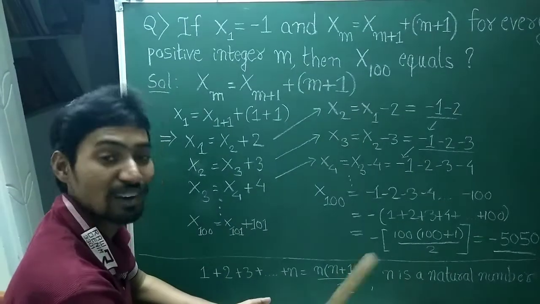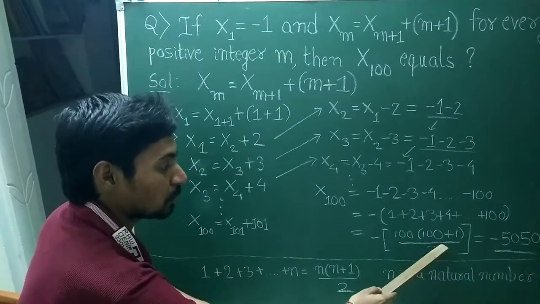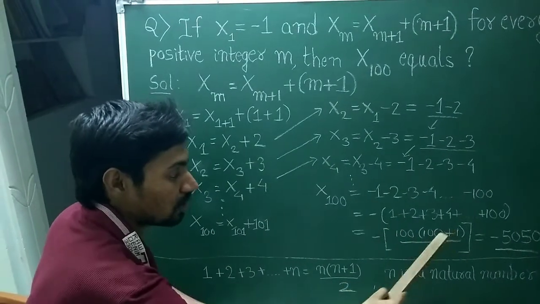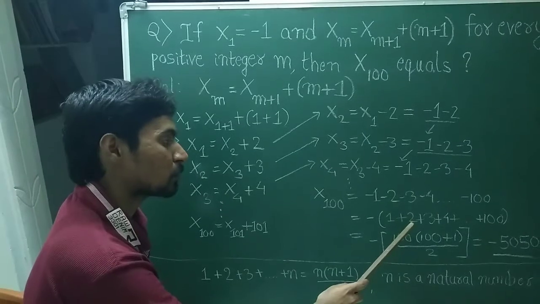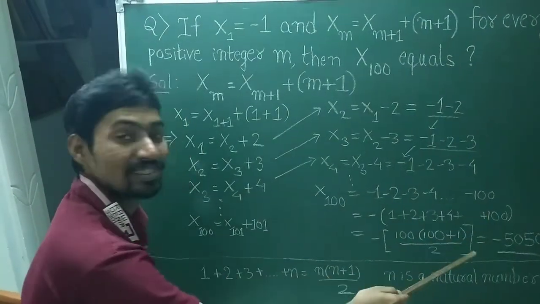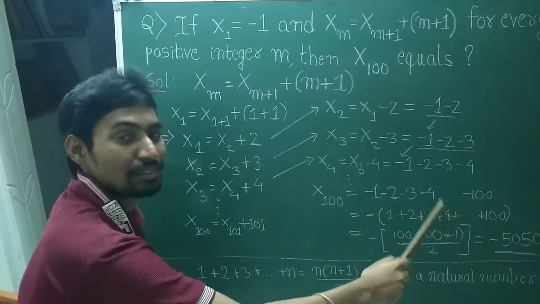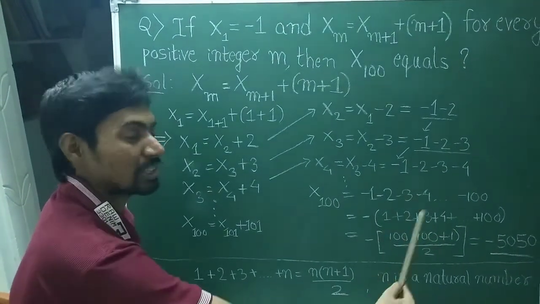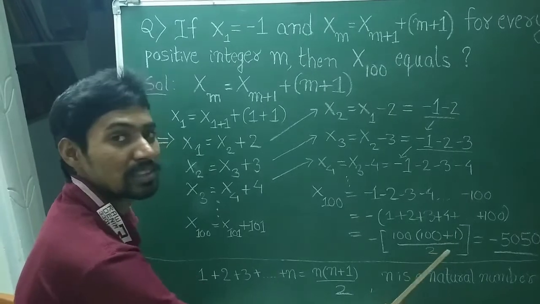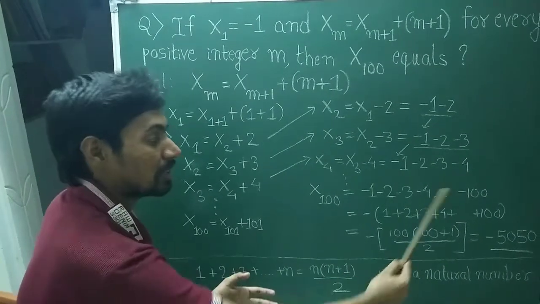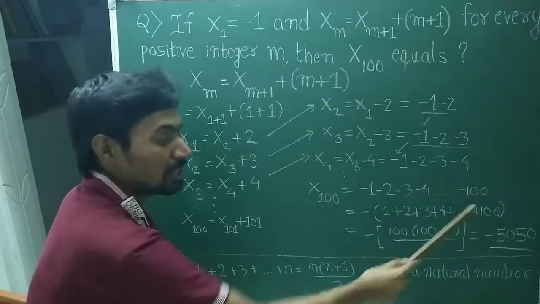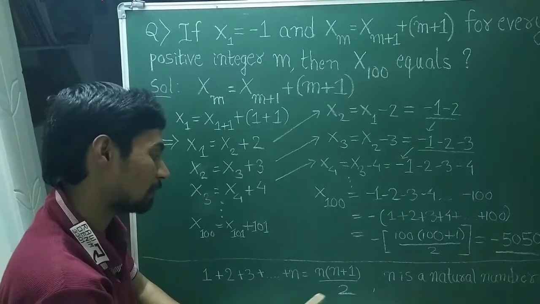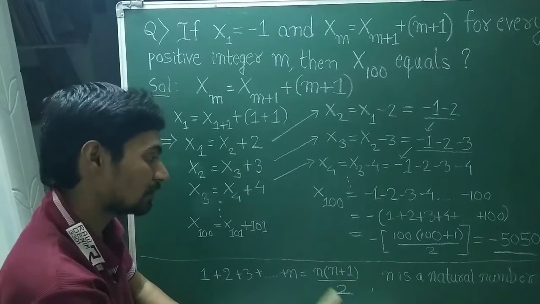You divide 100 by 2, you get 50. 2 plus 99, 3 plus 98, 4 plus 97, and so on. The summation is 101 every time, and you are pairing up numbers. So instead of 100 numbers, you get only 50 pairs. 50 times 101, which is what you get by substituting the n value in this formula.